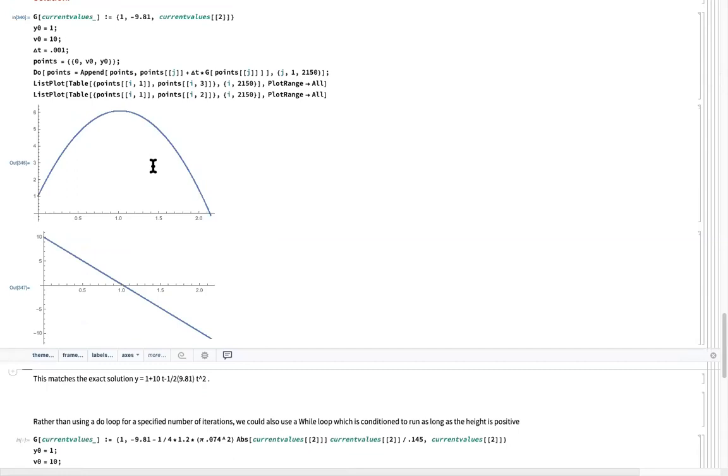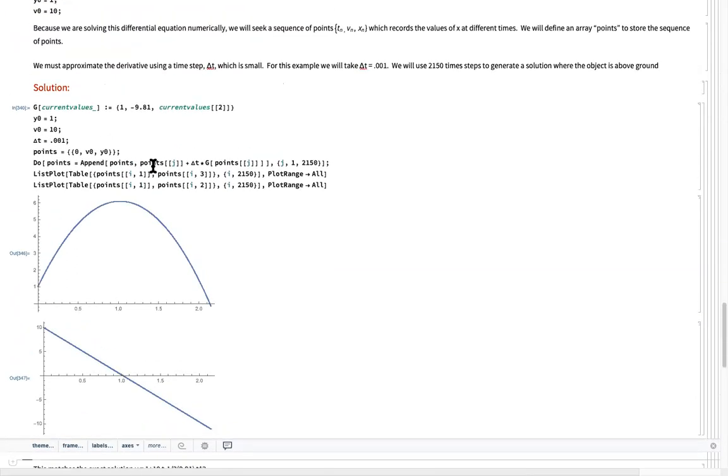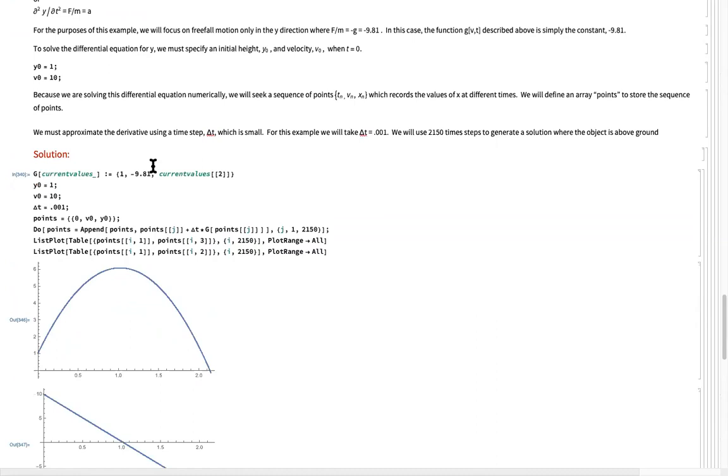And you could do the same thing. You could solve the same problem and let the loop determine when the object actually hits the ground if you wanted to.